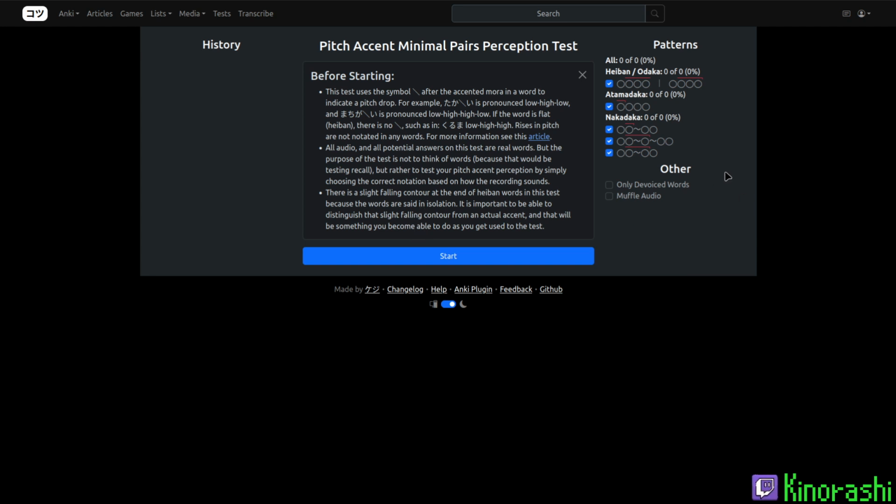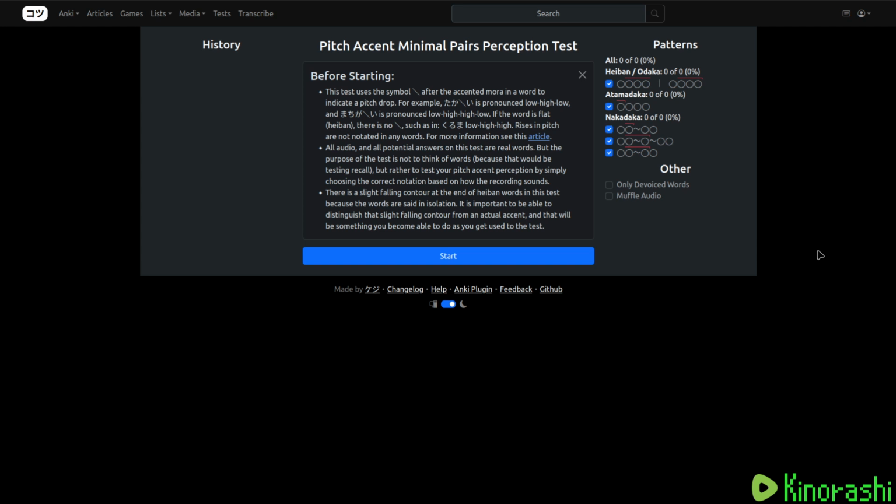then low. Now Nakadaka. If you remember, naka means in the middle. So Nakadaka means middle high, and the key characteristic of this pattern is that the pitch drops from high to low somewhere within the word.